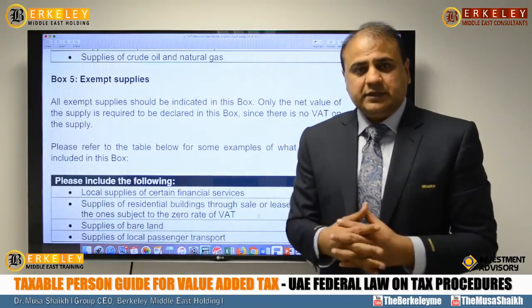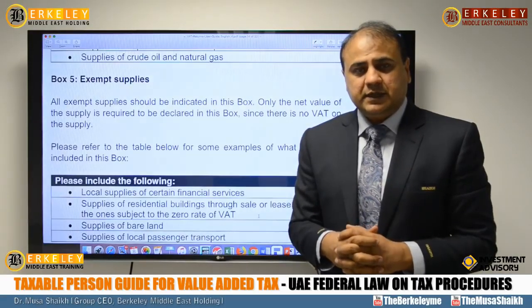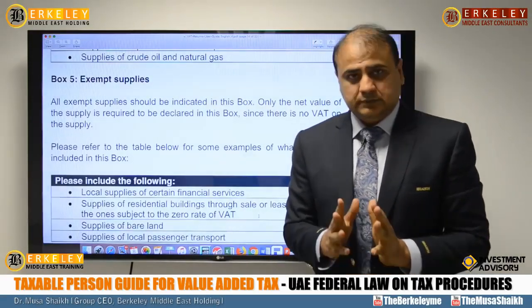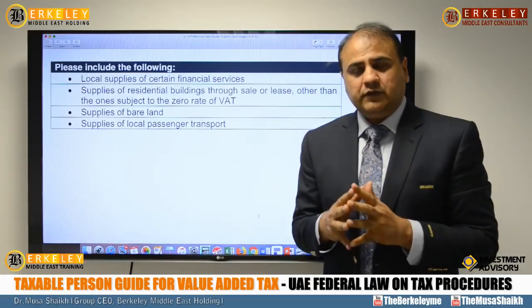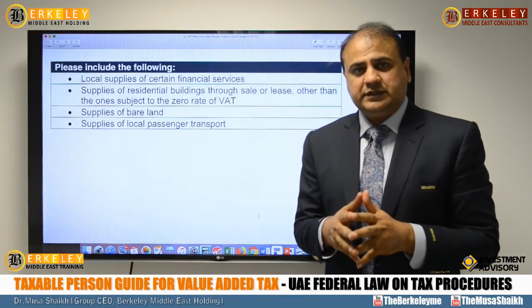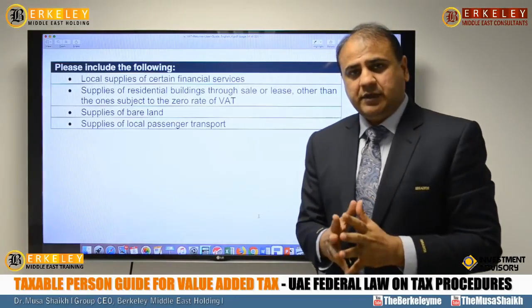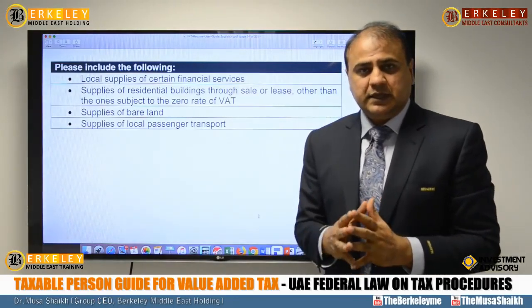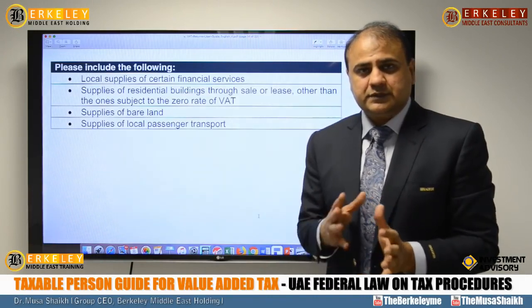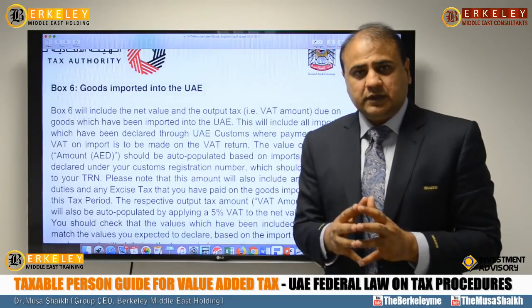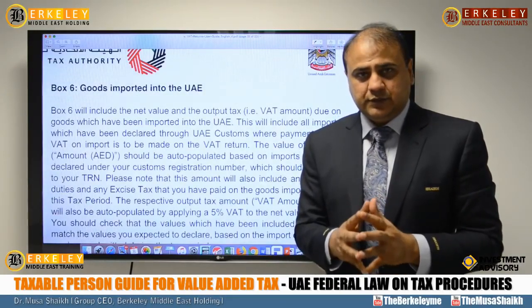You may be exempted for certain supplies, so that will be in box number 5. Any kind of local supplies related to financial services, supplies of residential buildings, supplies of bare land, and supplies related to local transport.